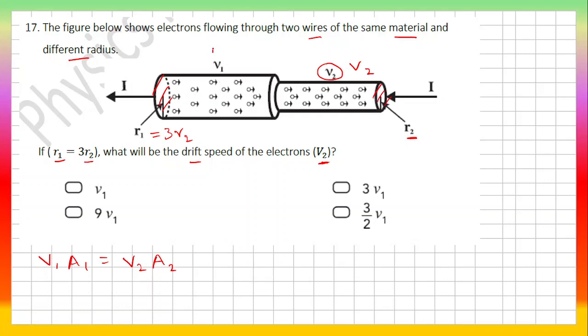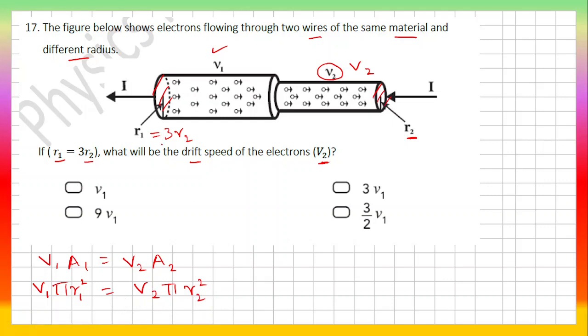V1 multiplied by this area should be equal to V2 multiplied by the area. How do you get area? It's pi r squared. In this case, V1 pi R1 squared is equal to V2 pi R2 squared. Yeah, these two should be equal.